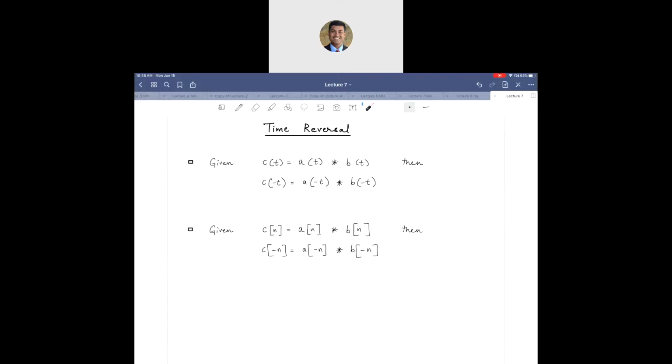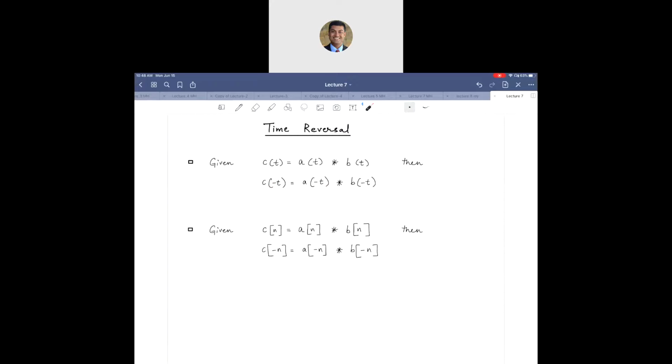Then the time reversal property says that if you flip A and you flip B and you convolve those two together, it will result in flipping C by the y-axis. So if you flip A, flip B, and convolve, it will result in the flipping of the original output, C.